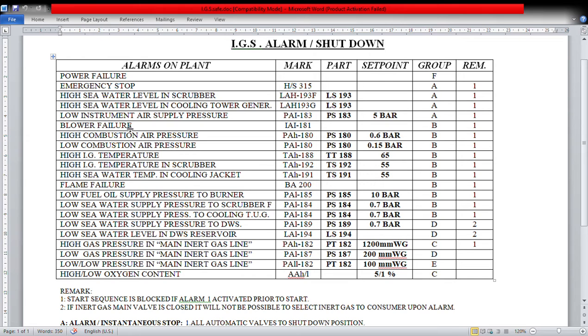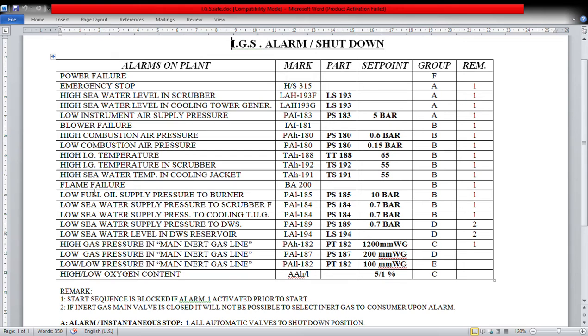Generally tankers with high pressure boilers, oil tankers specifically, will take this from the boiler uptake. From the boiler uptake they generate this inert gas through the scrubber and the whole process.